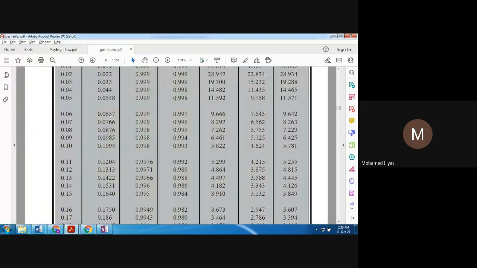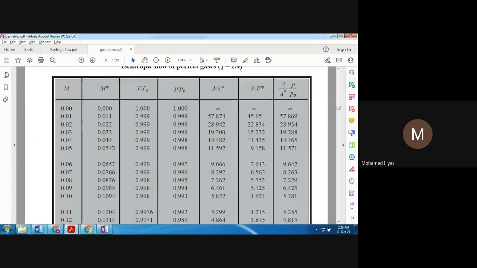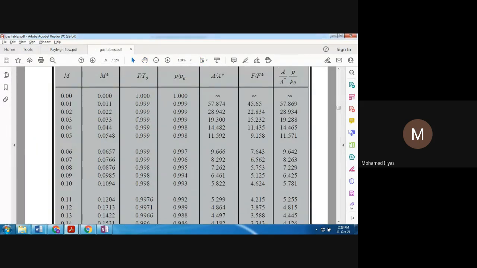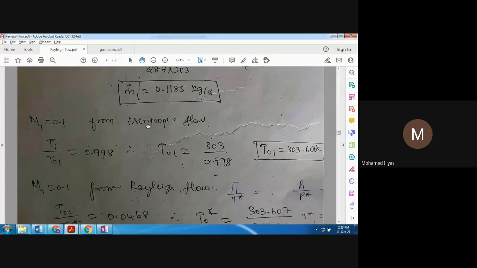For 0.1, we get T by T0 from the third column, which is 0.998. So T1 by T0 is 0.998. T1 we know, so we will get our T01 by dividing T1 by 0.998, that is 303 by 0.998. We get T01 as 303.6.